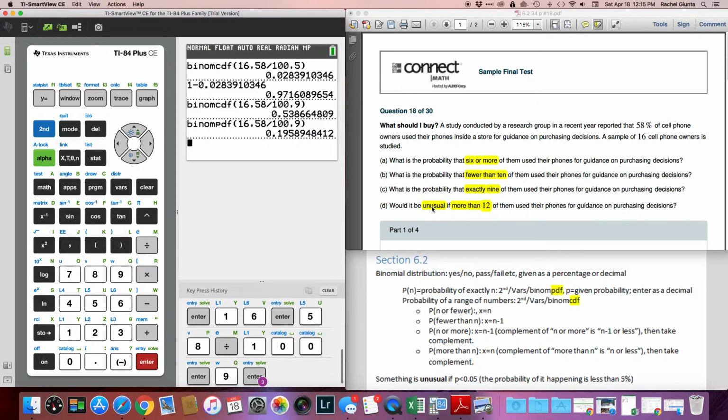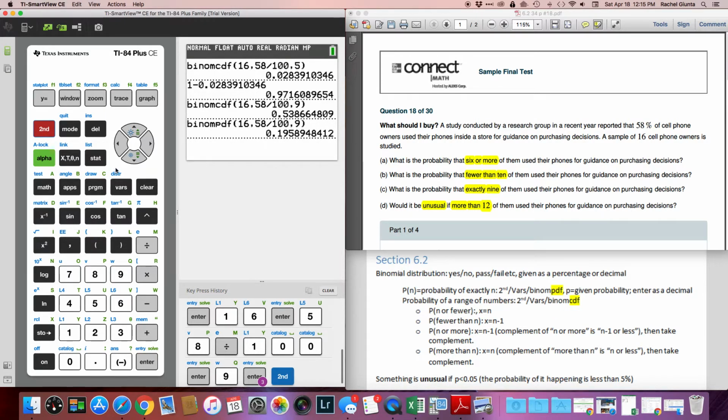Now we've got the would it be unusual. You still do the same process for that, but then you just need to compare the number that you get to 0.05. So it's still solved just like if it said what's the probability of more than 12. So we still have to look at here, more than. So our X that we enter is going to be equal to the number they give us of 12. And because it's one of these 4 bullet points, then it's binomial CDF.